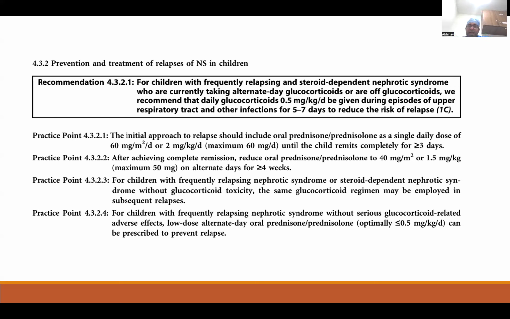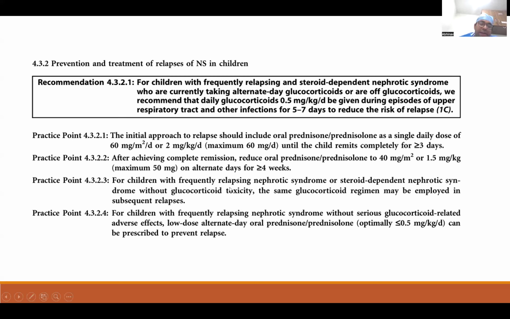Whenever there's a relapse, you start them on oral prednisolone as a single daily dose at 2 mg per kg per day until the child is in remission. We define remission only when it is present for 3 or more consecutive days. Once he has achieved remission, you put them on alternate day oral steroids for around 4 to 6 weeks. So this is in relapse.